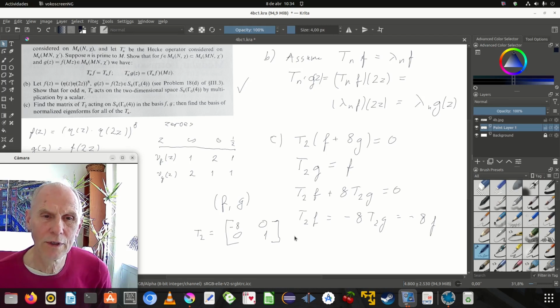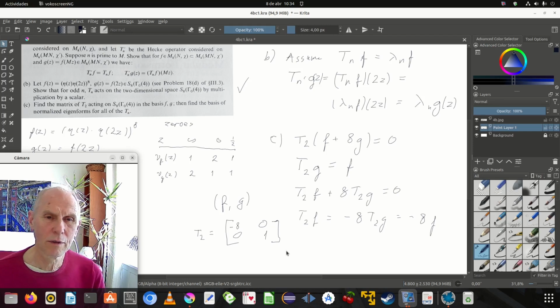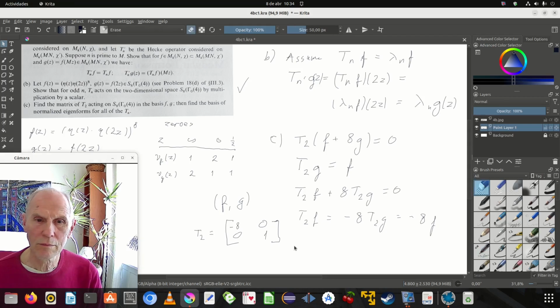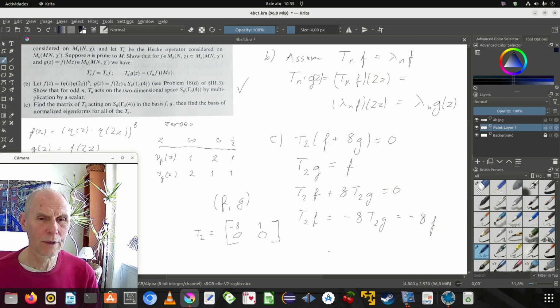G gives F. So it should be 1, naught. But that doesn't make sense, because then G maps to F, and F maps to minus 8F, so it feels wrong.